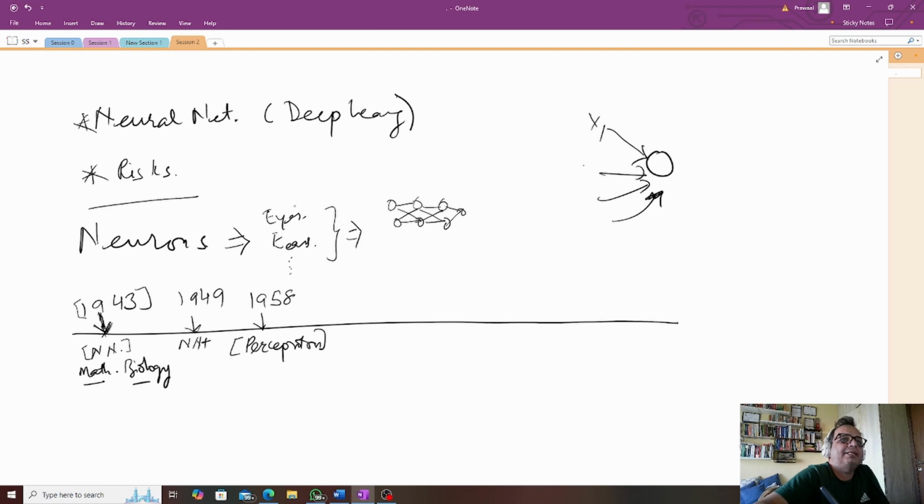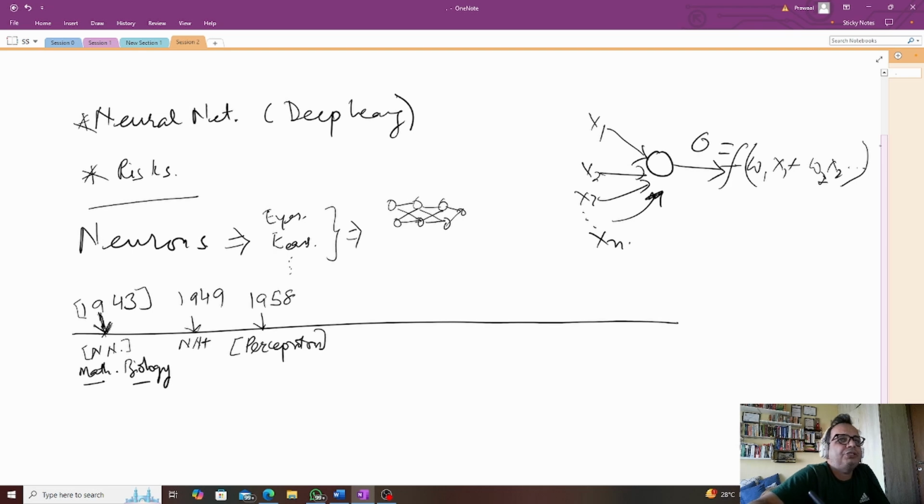Let's suppose it is getting x1, x2, x3 and so on up to xn. Now this perceptron is going to multiply some weights with all of this information, w2 into x2 and so on, and it is going to put some kind of a function on top of that, and that's going to be the output. So this is a perceptron. The idea of the perceptron first came into existence in 1958.